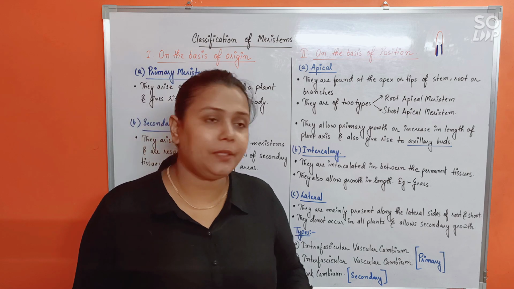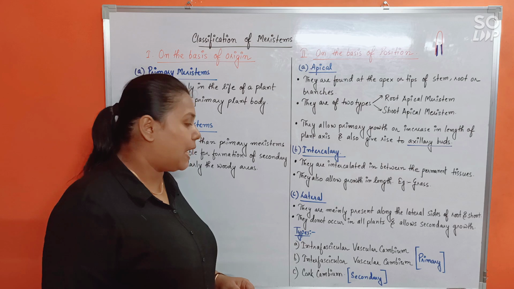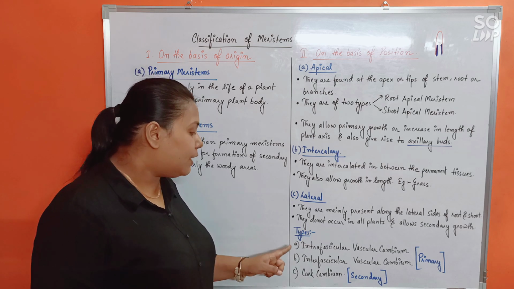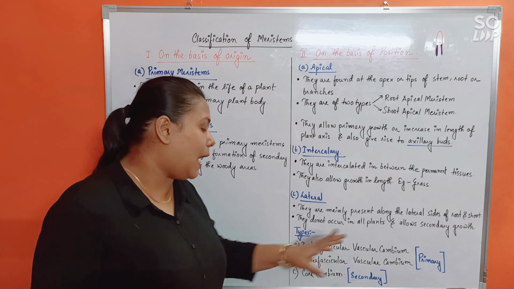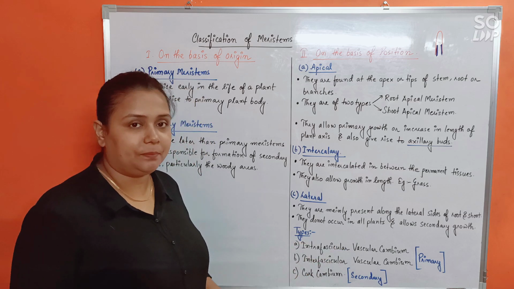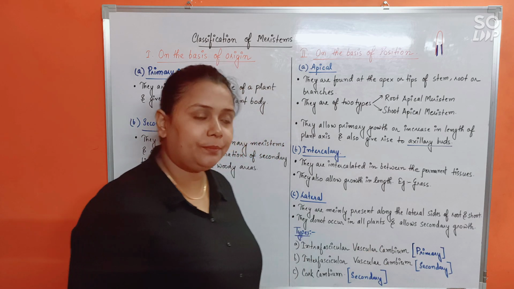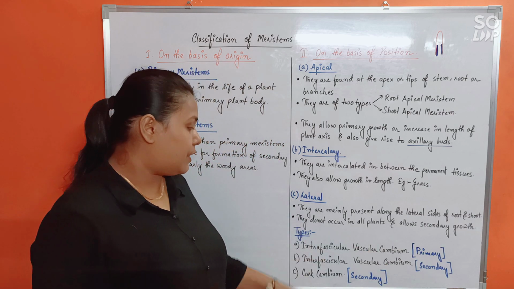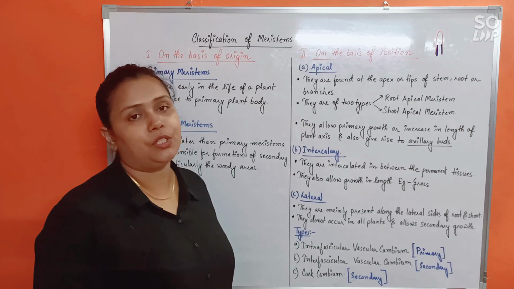Understood this? Fine. So types. Lateral meristems can be of three types: intrafascicular vascular cambium, interfascicular vascular cambium, and cork cambium. See, intrafascicular vascular cambium is primary in origin, but interfascicular vascular cambium and cork cambium are secondary in origin.